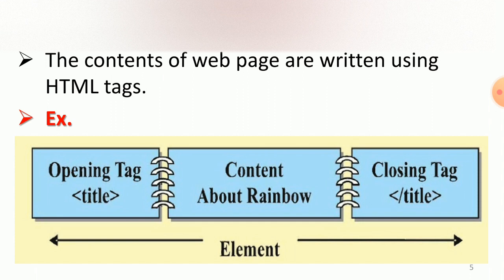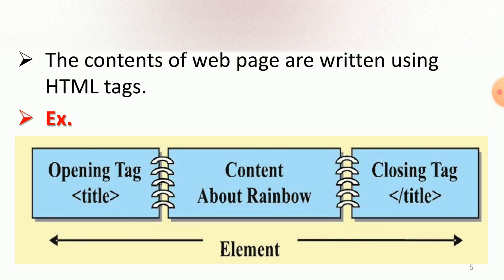And the next topic is HTML tag. The contents of web pages are written using HTML tags. A tag is made up of letters, words, and numbers enclosed between left and right angular brackets. That means less than and greater than symbols.